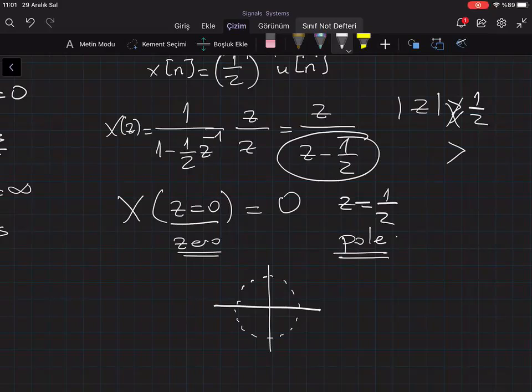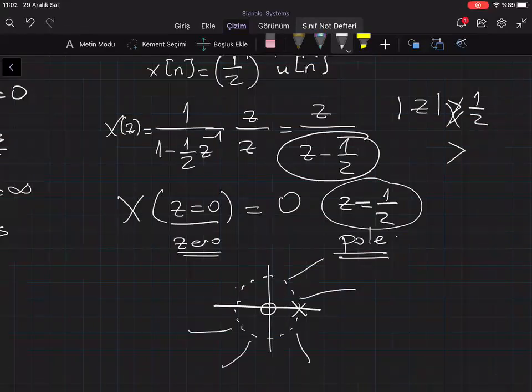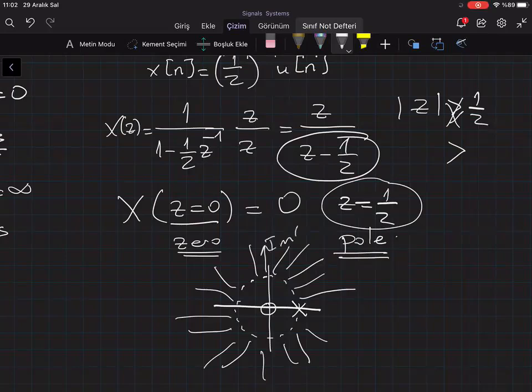So how do I continue now? I'm going to put a cross on the pole and a circle on the 0 part. Do we understand? And then I'm going to draw my axes like this. This is imaginary z. This is real z.